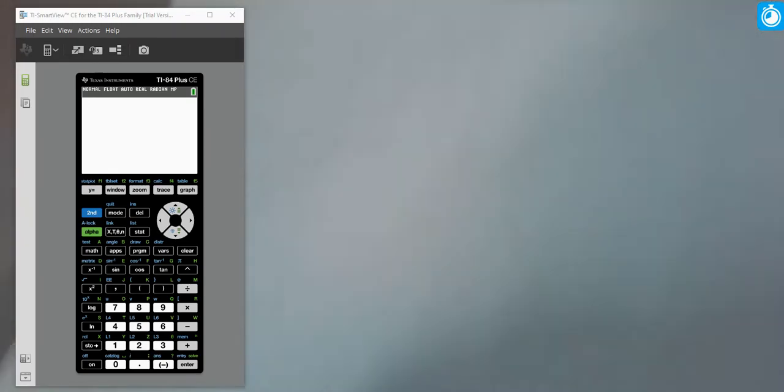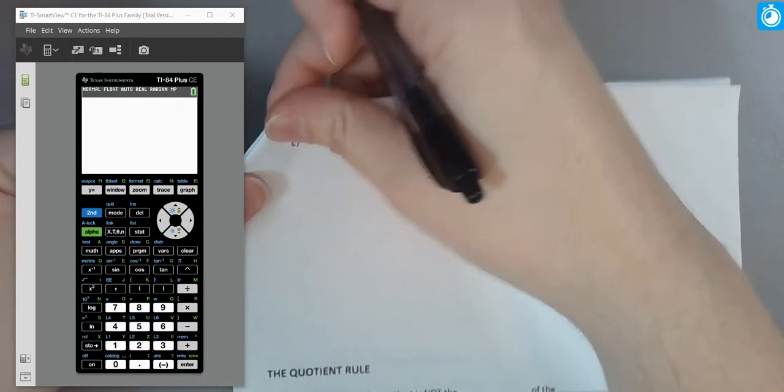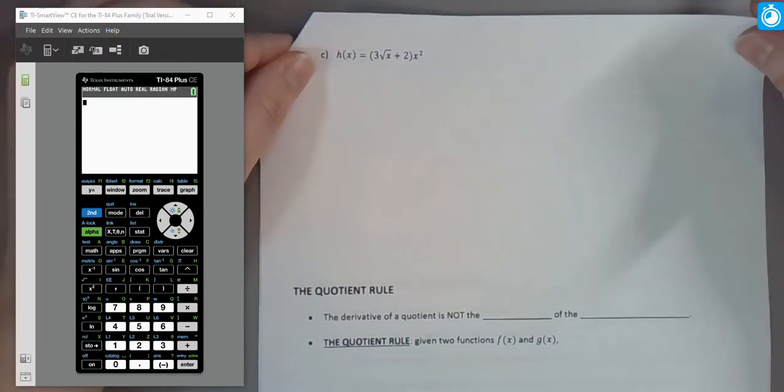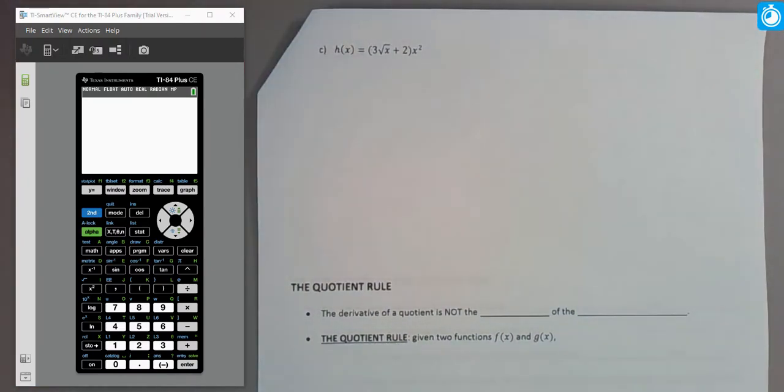Now let's look at one more, slightly more complicated, but again, we're going to approach it in the same way. Now with this particular function, we do have 2 expressions multiplied together. So the first expression would be 3 times the square root of x plus 2, and then the second expression would be x squared. So just like with the other 2 examples we just looked at, technically speaking, we could distribute this x squared.